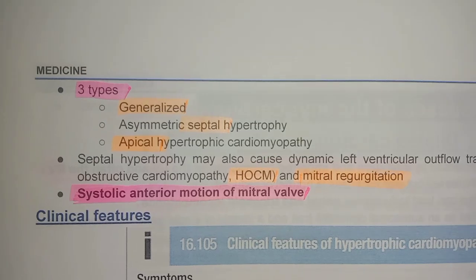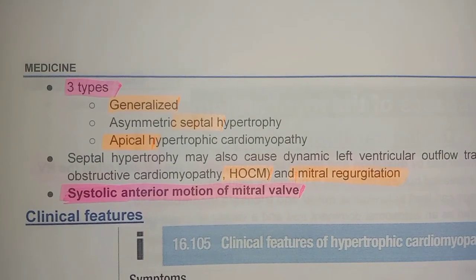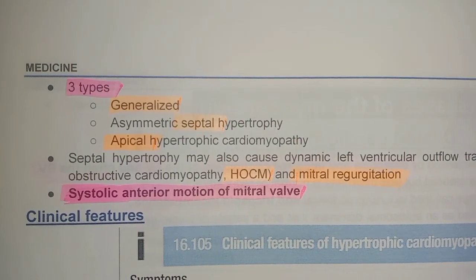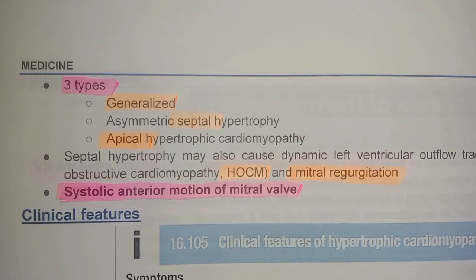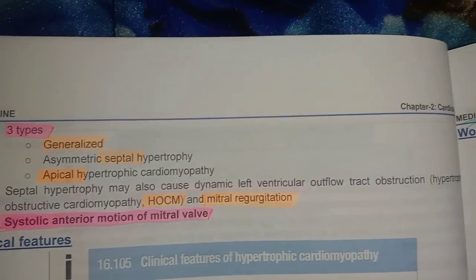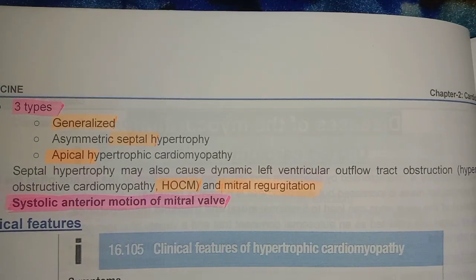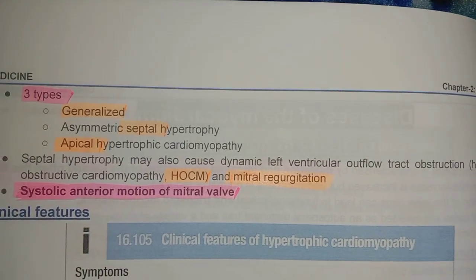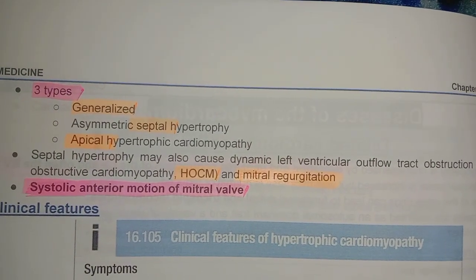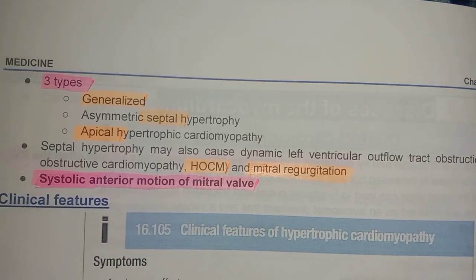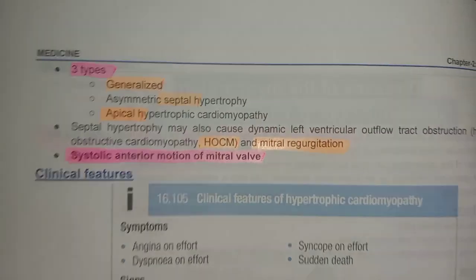Then it has three types: generalized, septal, and apical hypertrophic cardiomyopathy. Septal also causes left ventricular outflow tract obstruction, or hypertrophic obstructive cardiomyopathy, and mitral regurgitation. And there is systolic anterior motion of the mitral valve.